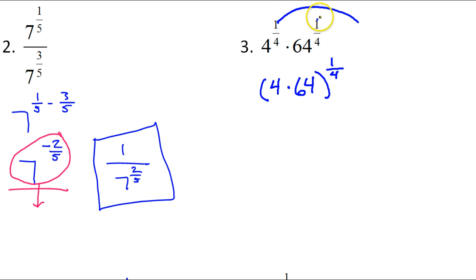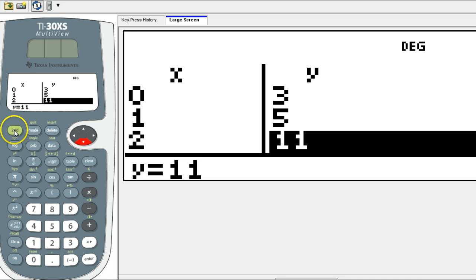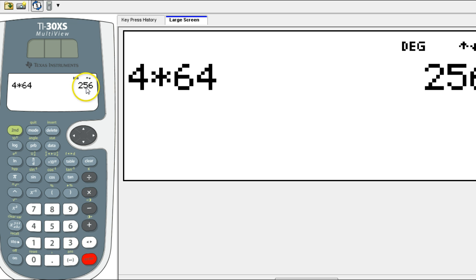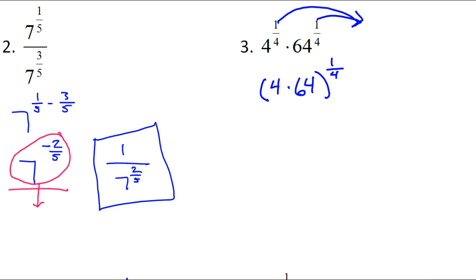It's like I'm taking that 1/4 power away and putting it outside of the parentheses. So this is legal. So 4 times 64, what is that about? Even on a 4-function calculator, we could quickly find the 256. Okay, so that means what we have here is 256 to the 1/4 power.